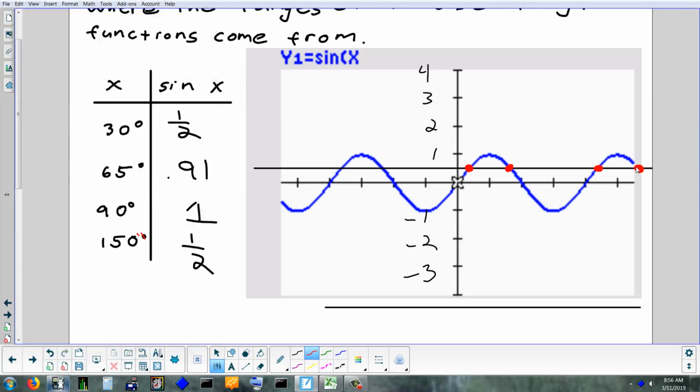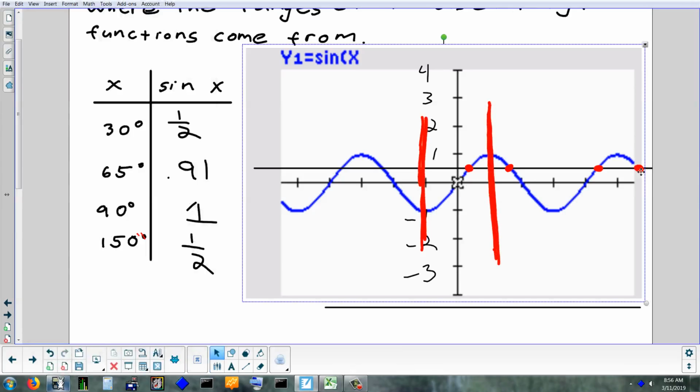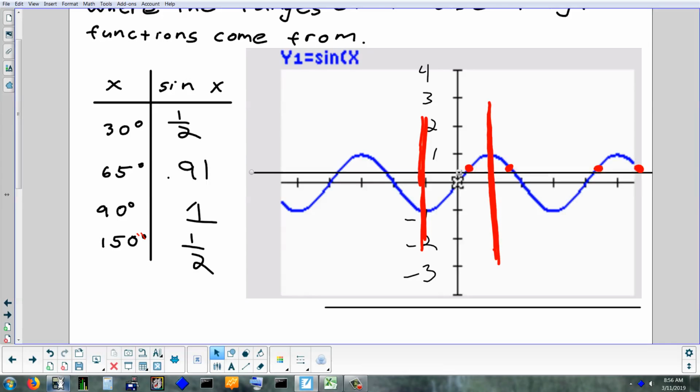So what we always do, here's negative 90. Here's positive 90. Now, you can ignore everything else that's outside those red lines. If I take this black line and start moving it up and down, just look inside the red lines.